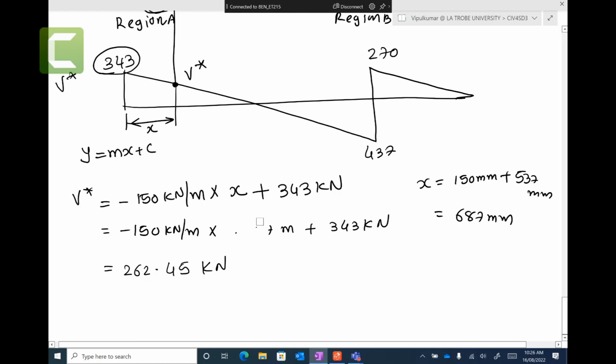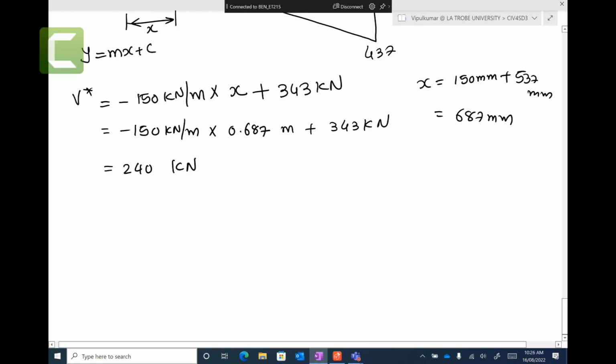So we change it to 0.687 meters. Minus 150 times 0.687 plus 343, you get 240 kilonewtons. So we get 240 kilonewtons as V star.